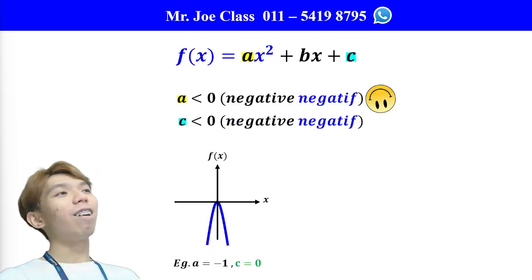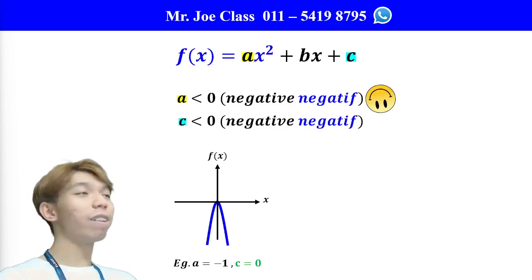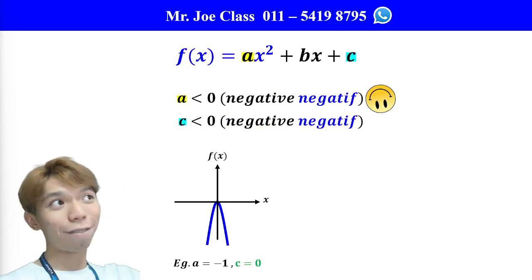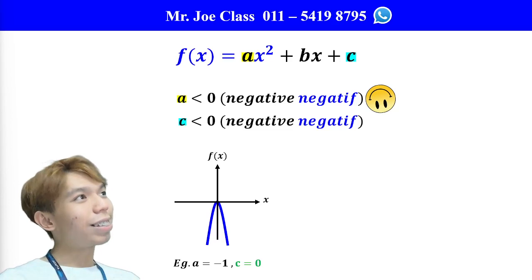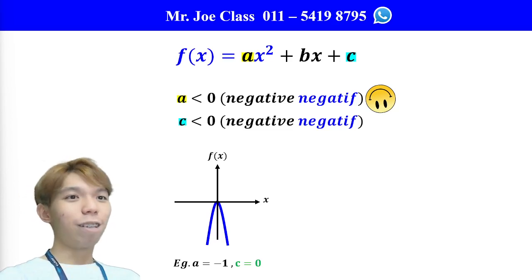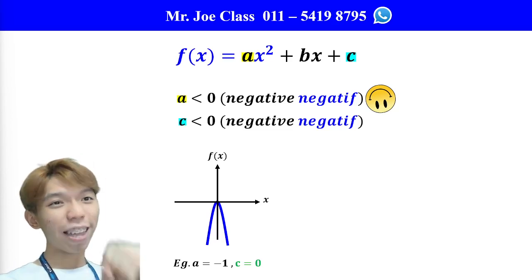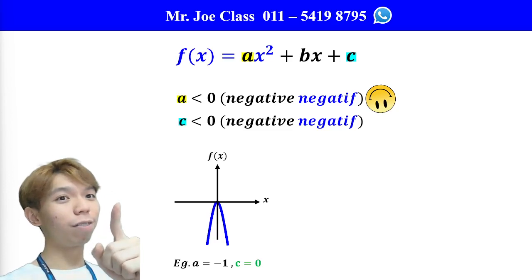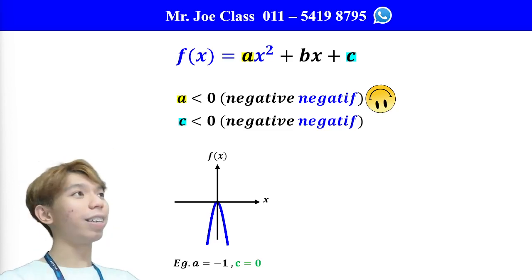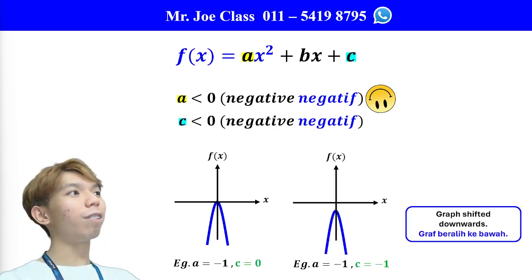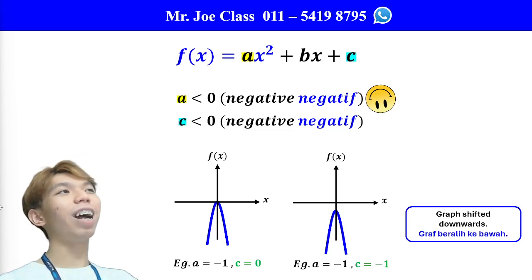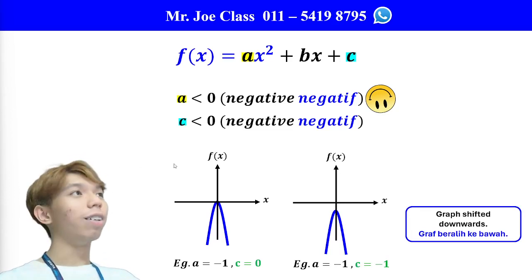Now when A is negative, the graph will be shaped like a sad face, alright? And C is also negative. So from 0 to negative, for sure the graph will be shifted downwards, right? Yes. So the graph shifted downwards. Graph beralih ke bawah.